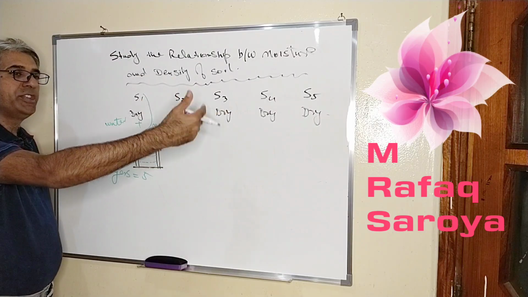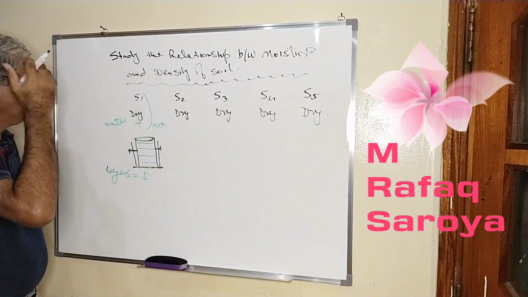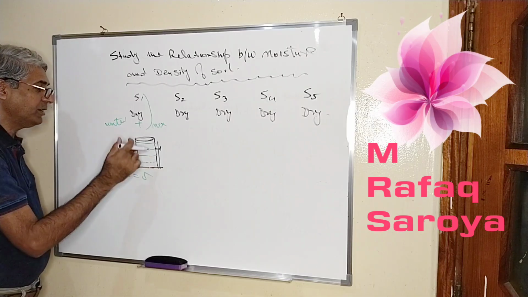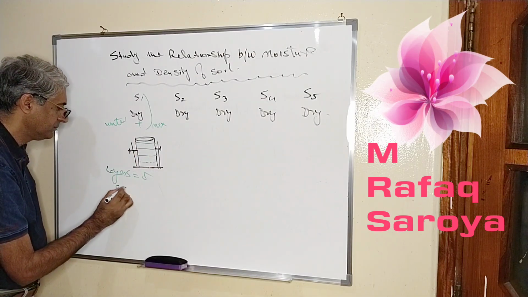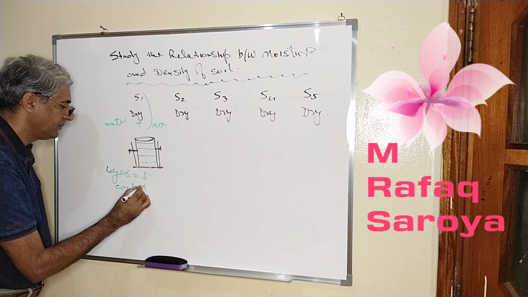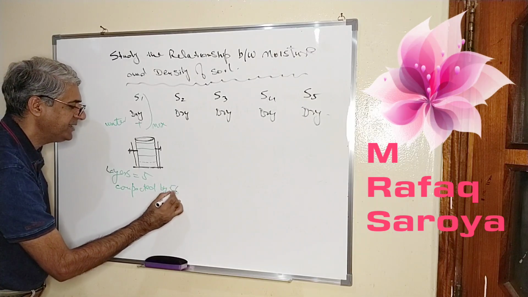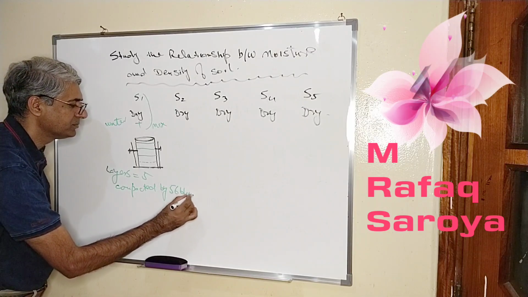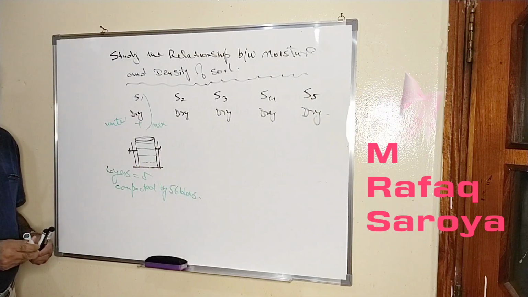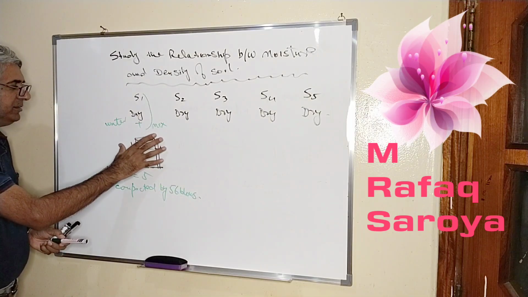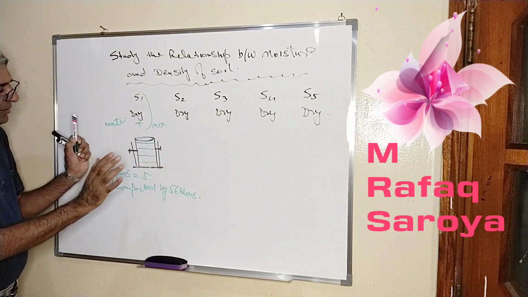Remember the rammer whose introduction I have given you: each layer is compacted by 56 blows. Keep this in mind.